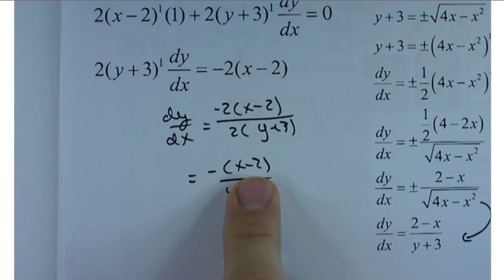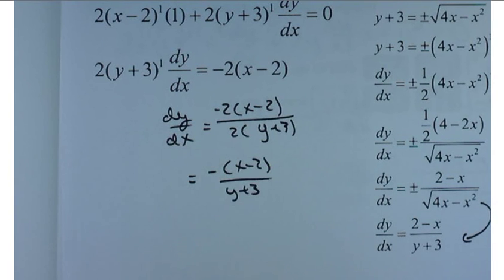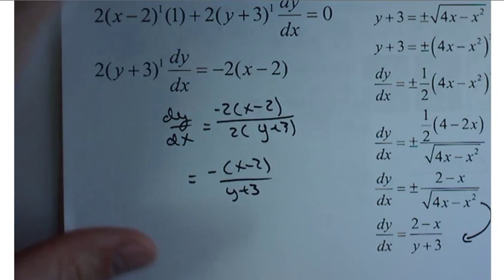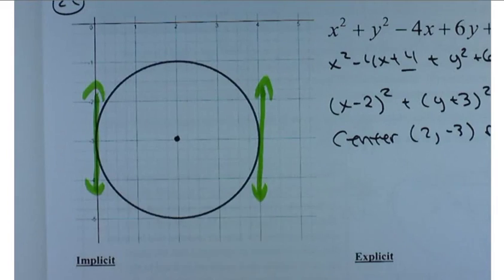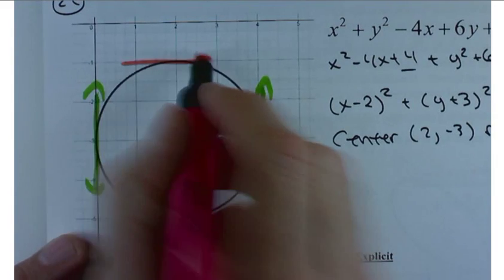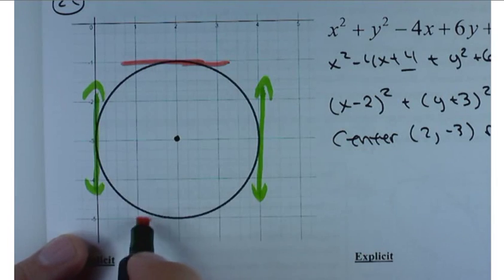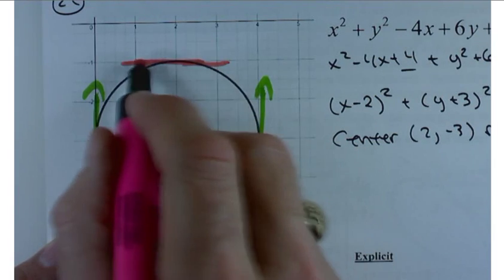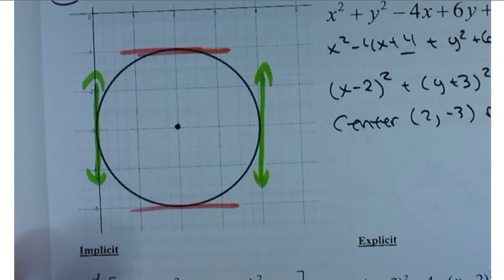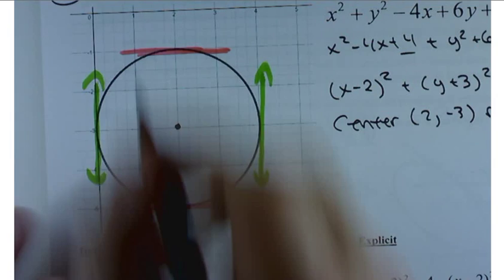Let's see if we can make some more hay out of this problem and look at x equals 2. What's the value of the derivative going to be at x equals 2? 0. At x equals 2, guess what? You've got a horizontal tangent line here and a horizontal tangent line here. So, makes sense. These expressions, even though they start to look pretty crazy and you're doing lots of calculations to get them, they still represent the slope of the tangent line.